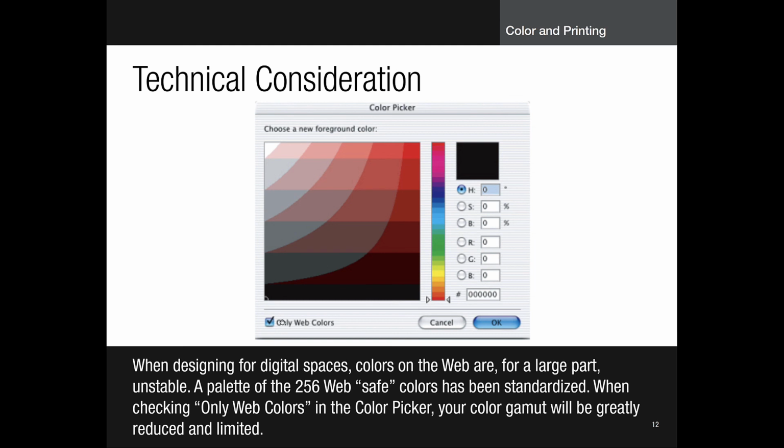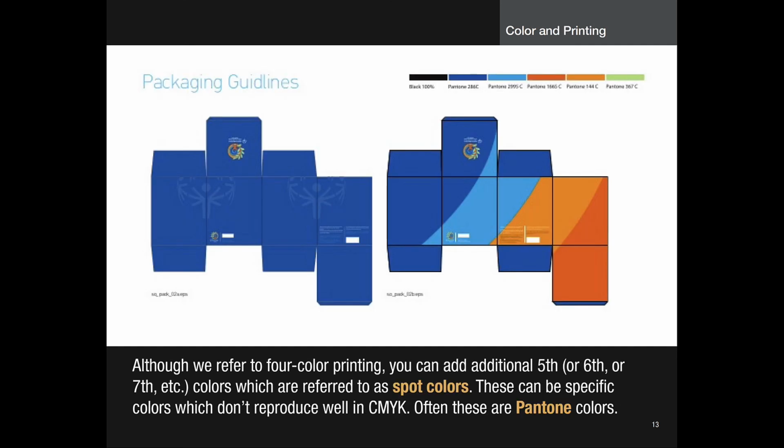So when you check on this, you'll notice instead of the smooth rainbow of hue here, you can see it's been banded into colors, and the same thing happens over here. Now, in theory, if you choose these colors, they should appear the same on every device. In practice, I've found that's not always the case, but just be aware if you are designing for the web, understanding how to work with web colors is important.